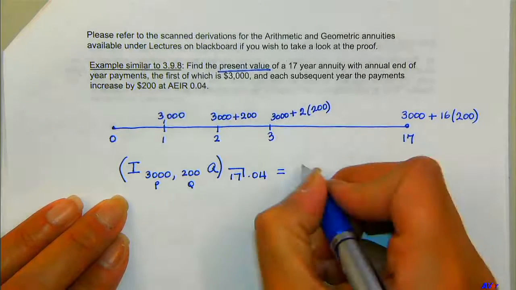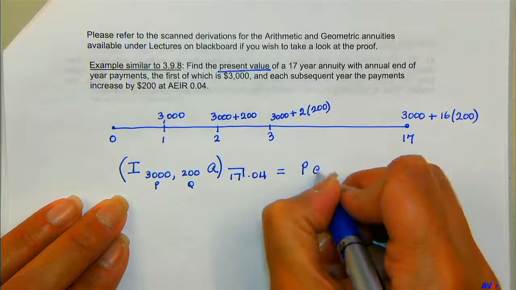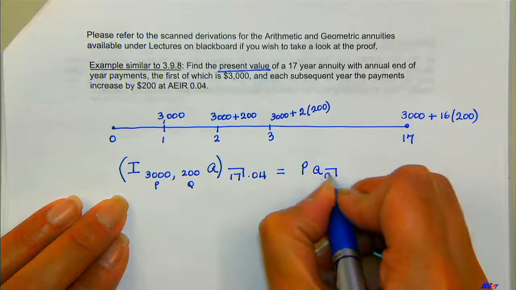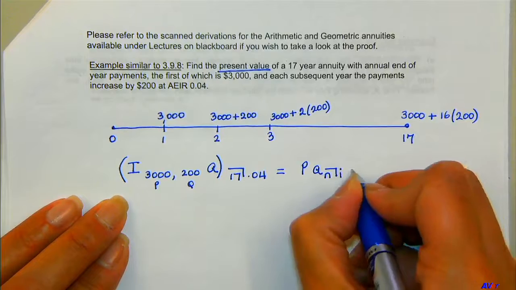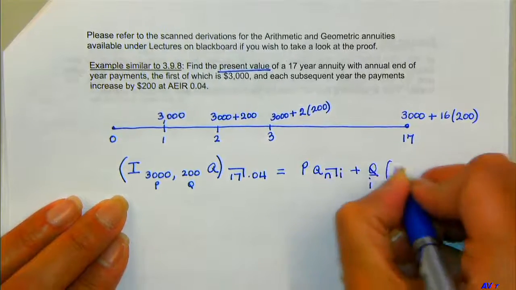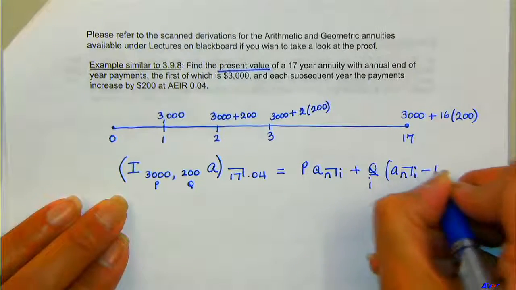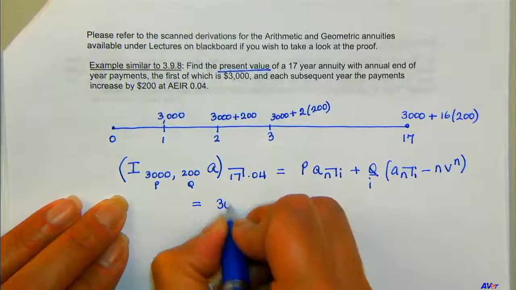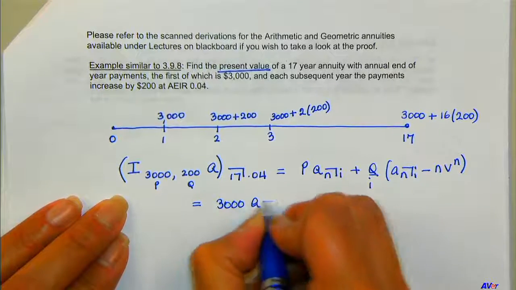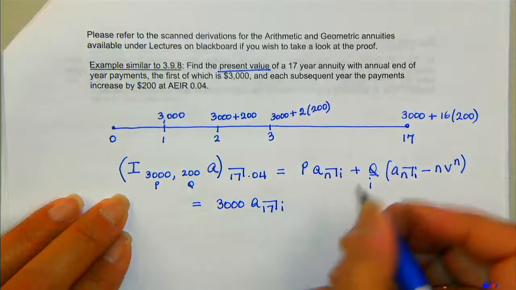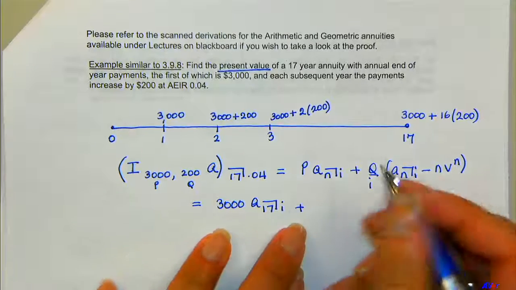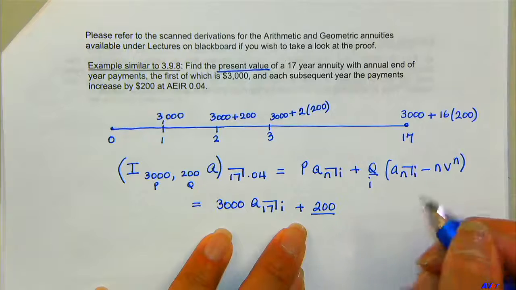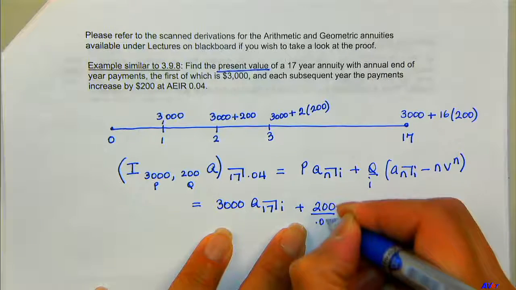This is equal to P A angle N I plus Q over I, A angle N I minus N v to the N. So let's plug in. Is equal to 3,000 A angle 17 I plus Q over I, that's 200 over, what's my I? 4%, 0.04.